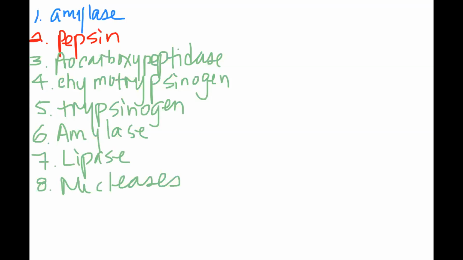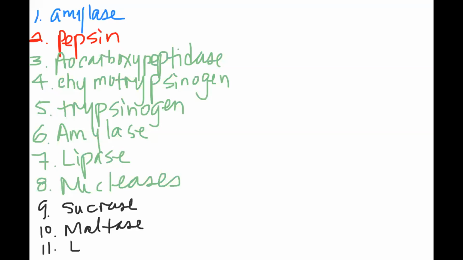Now we're talking about the brush border enzymes. Brush border enzymes are the enzymes from the small intestine. So remember the sucrase, maltase, and lactase. Okay, 12 on this side.